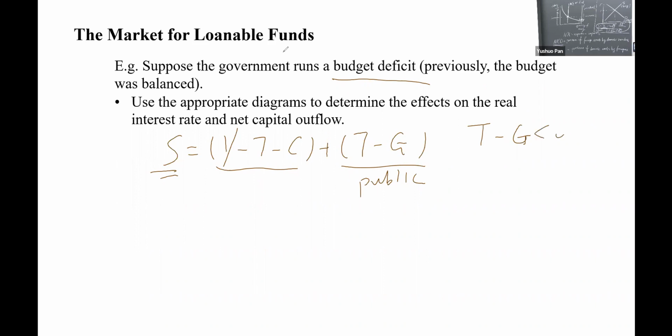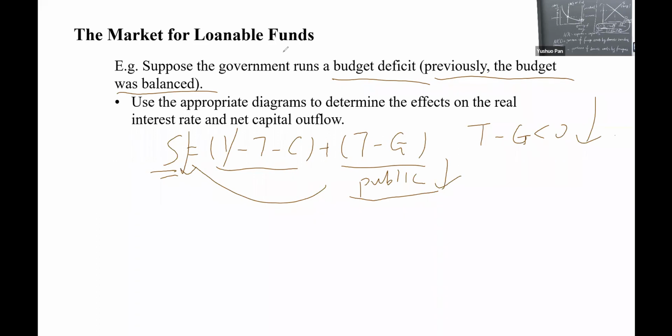So T minus G is smaller than zero, or decreased compared with the balanced budget.